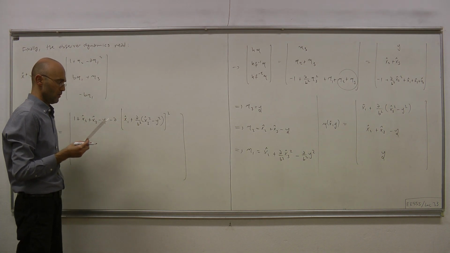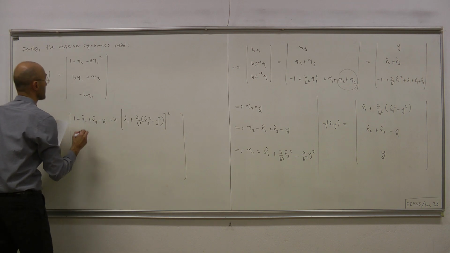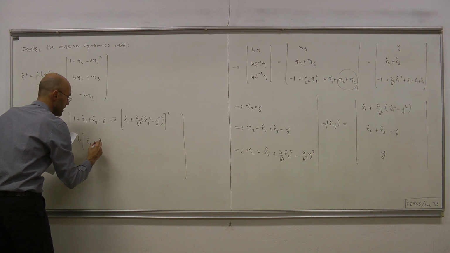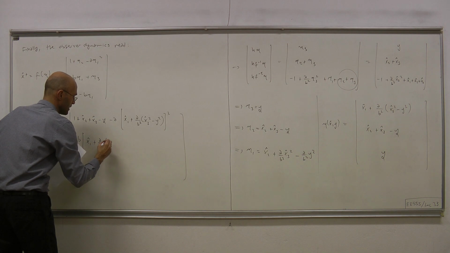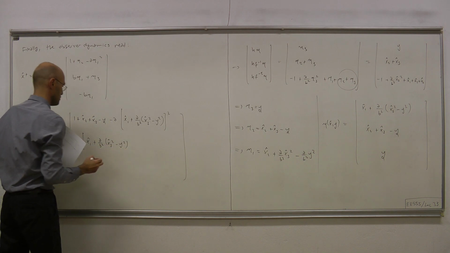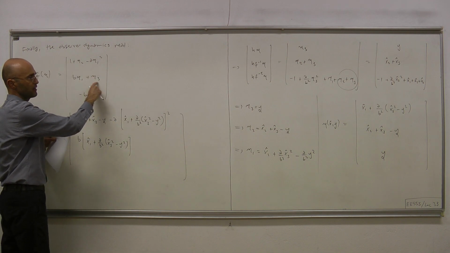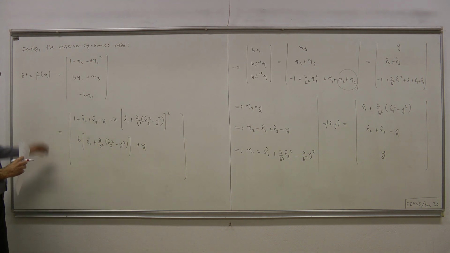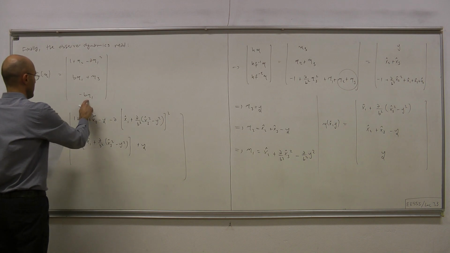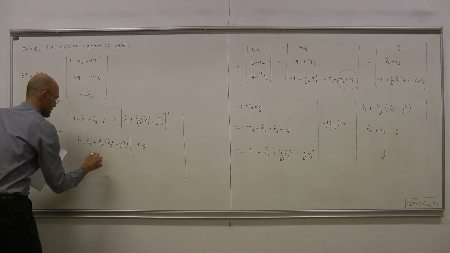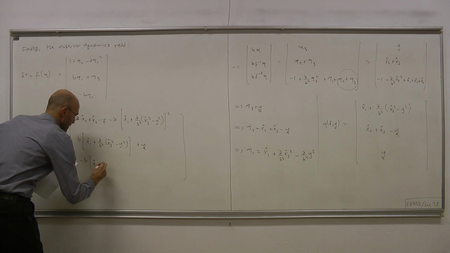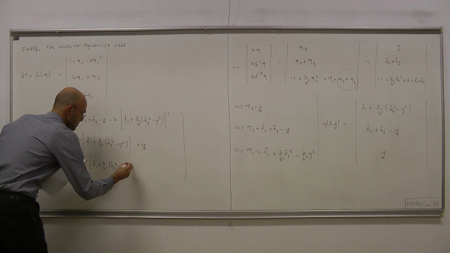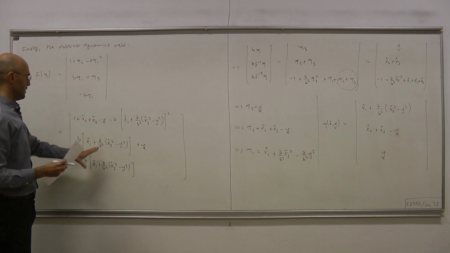So that's the first entry. Second entry is b eta 1, so we have b times x1 hat plus a over b squared x3 hat squared minus y squared, plus eta 3, which is y. So that's our second entry for the right hand side. And finally, we have minus b eta 1, that is, minus b times x1 hat plus a over b squared x3 hat squared minus y squared, and that's it.